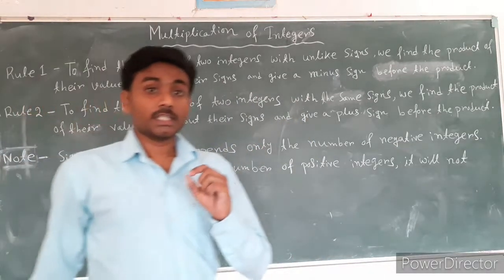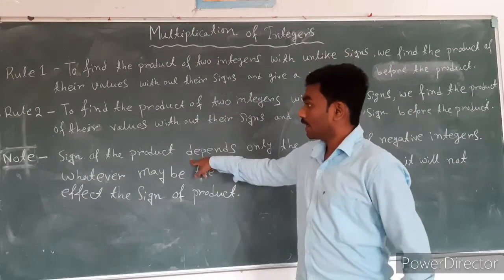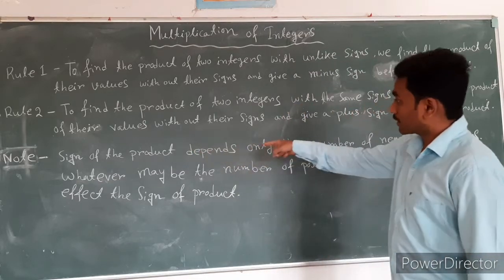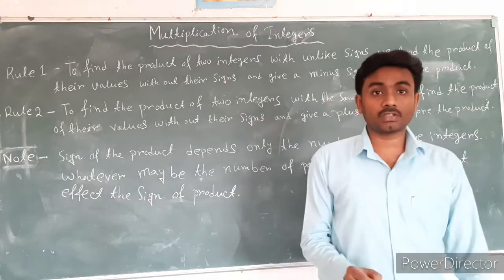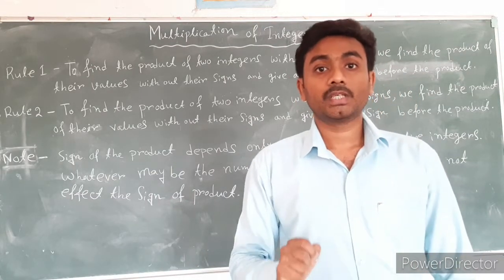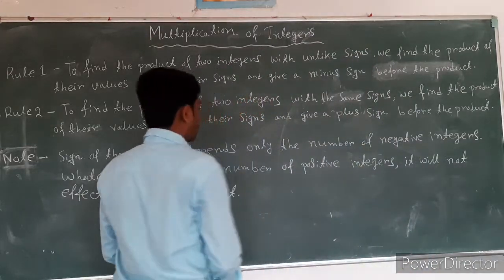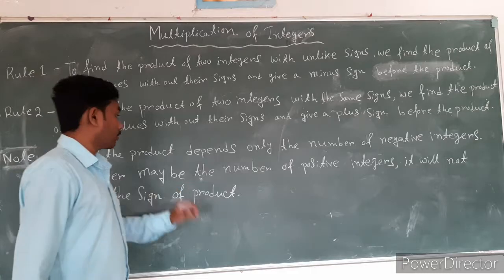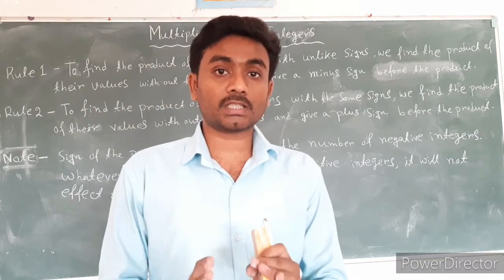And there is an important note. Students, please write the note and remember always: the sign of the product depends only on the number of negative integers. Whatever may be the number of positive integers, it will not affect the sign of the product.